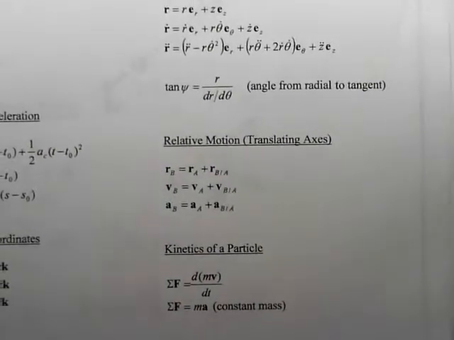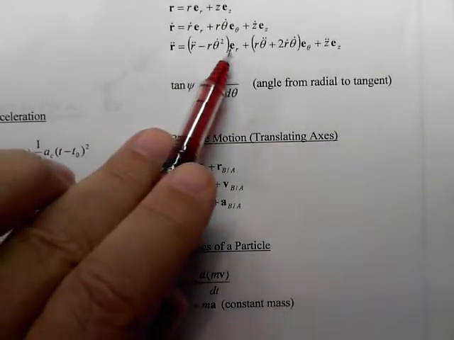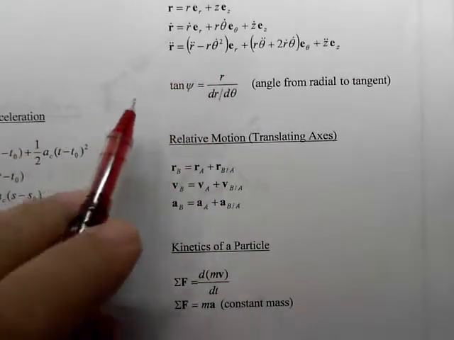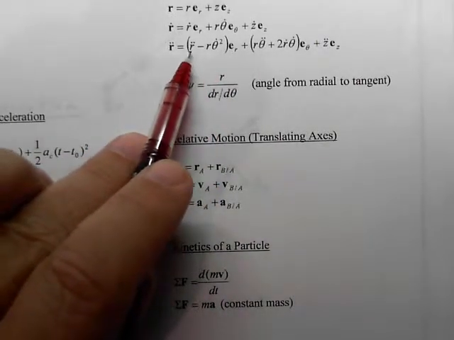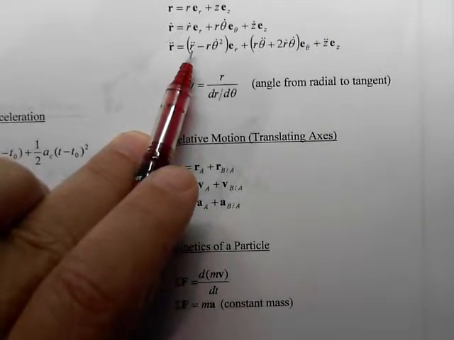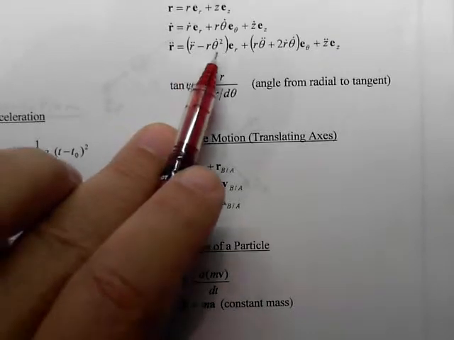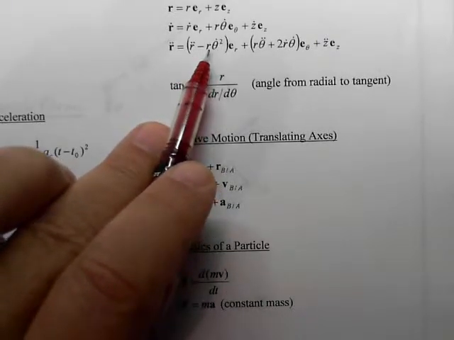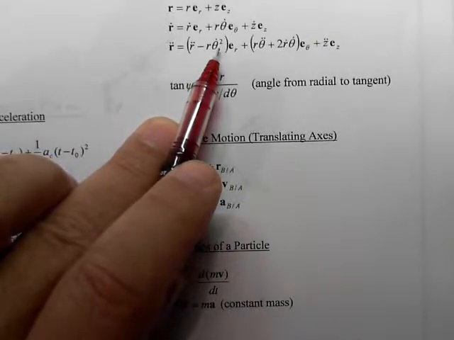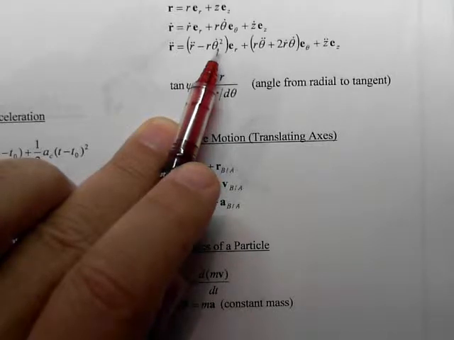Okay, looking at that, if we're going to deal with the radial direction acceleration, we're going to need to say something about r double dot, but that's easy. We're moving on a circle. Radius never changes. That term is 0. But we're also going to have to say something about r, which is a constant. That's easy. But theta dot. Theta dot is the angular velocity, which relates to the linear velocity very easily when we're traveling on a circle.